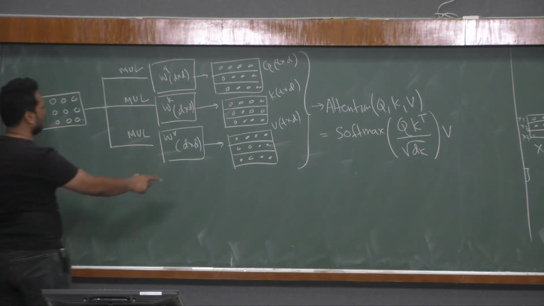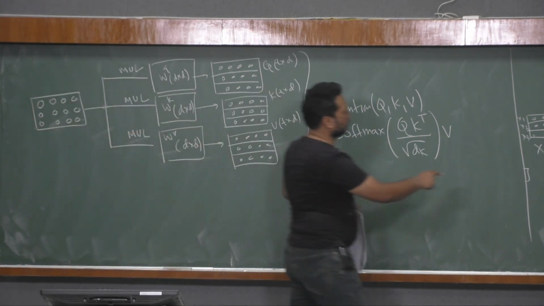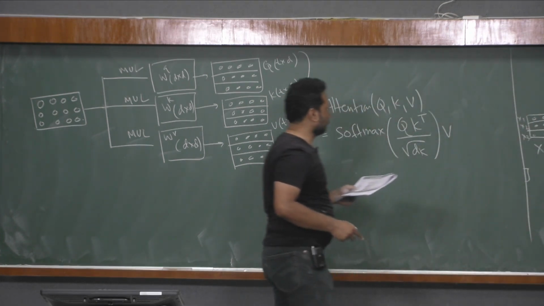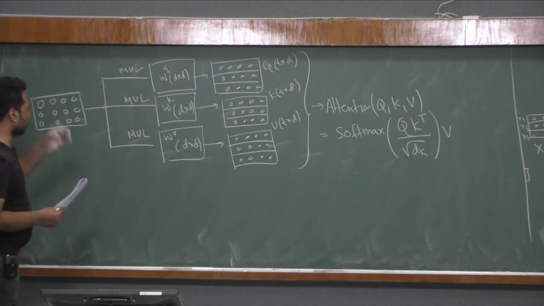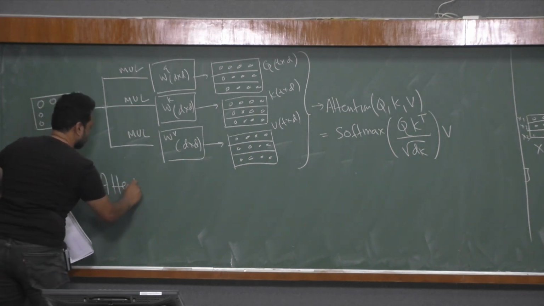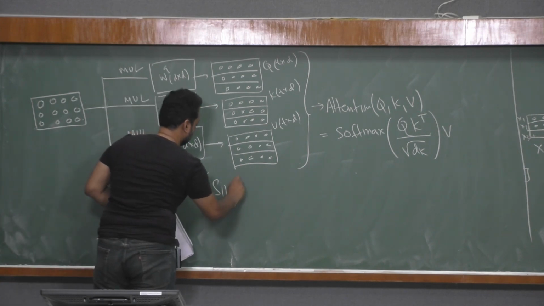The V matrix already had W_V multiplied with X. This whole operation is called an attention head, and this is a single attention head.